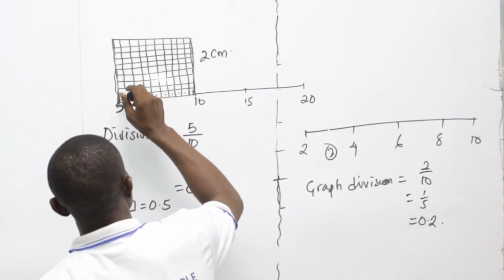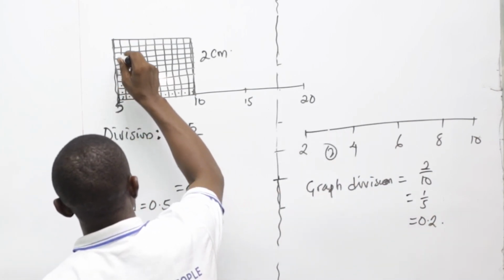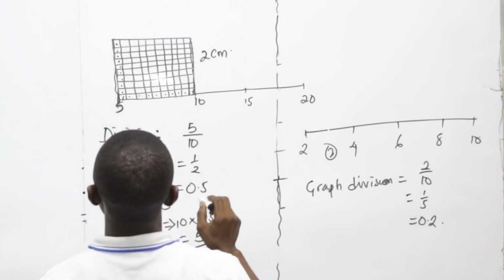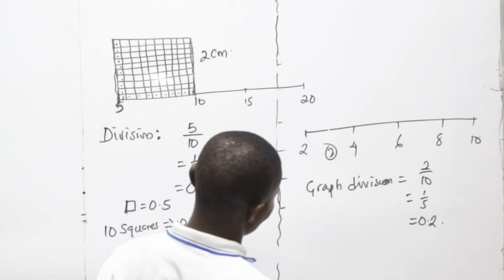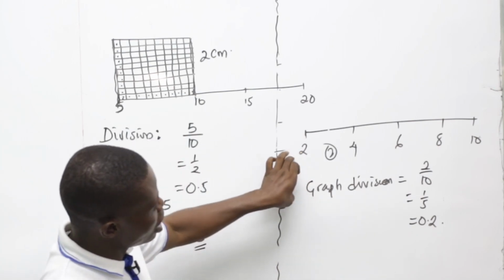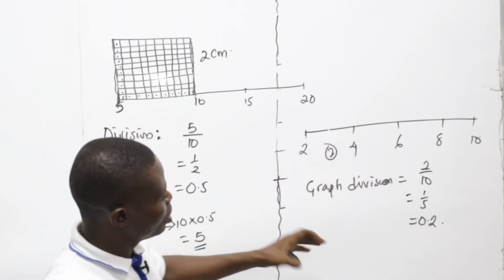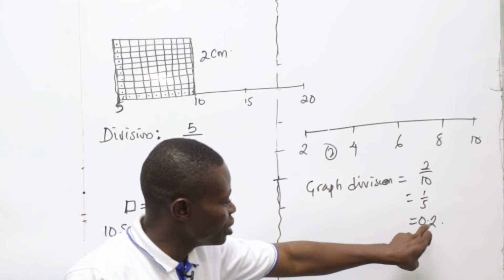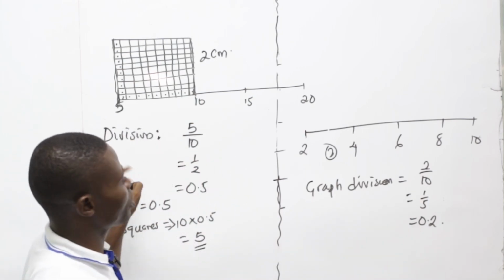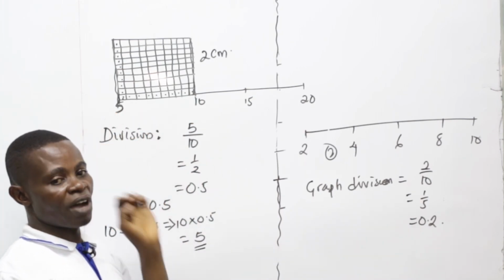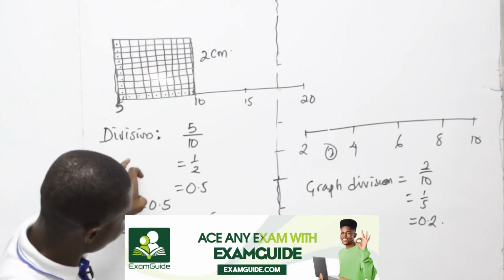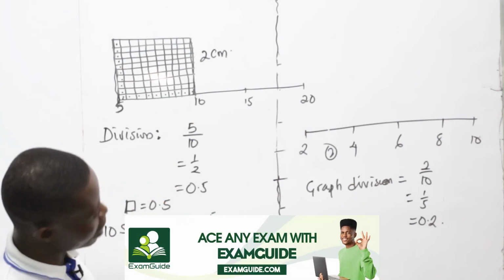Meaning each hole now 0.2, depending on the axis you are operating with. Now, if your graph goes this way, each square is 0.2. If your scale is multiples of 5, each square is 0.5.